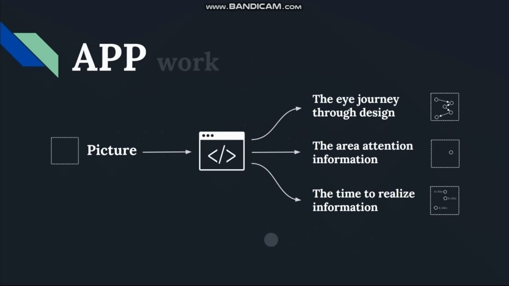So that's the idea. A picture is coming to the program, and as the output we have the data that will be displayed on the picture itself. The data is the eye journey through design, the area attention information, the time to realize information.